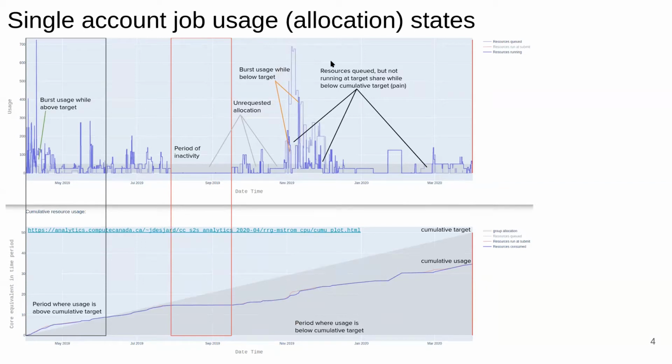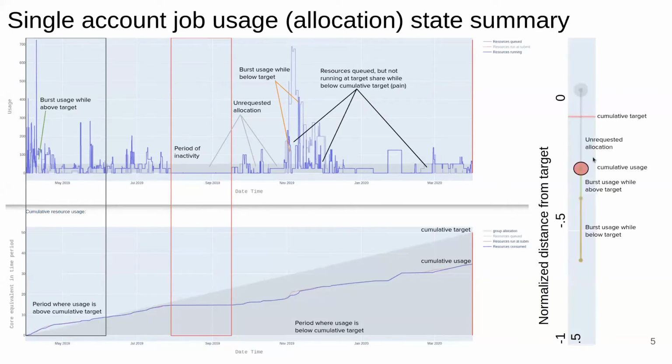Now, these are the wait times that we're very concerned about, and we're trying to minimize across all users on the system. So what we end up having is basically, I'll just give you a quick summary that identifies how far any account is from its target share.